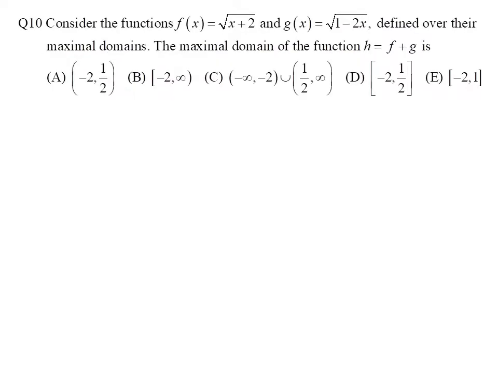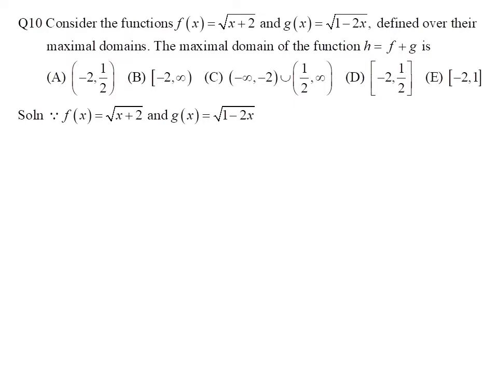Question 10 provides two functions. f of x equals square root of x plus 2. g of x equals square root of 1 minus 2x. The question is to find the implied domain of f of x plus g of x.